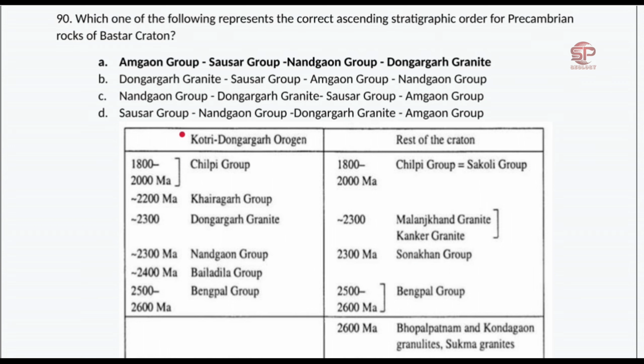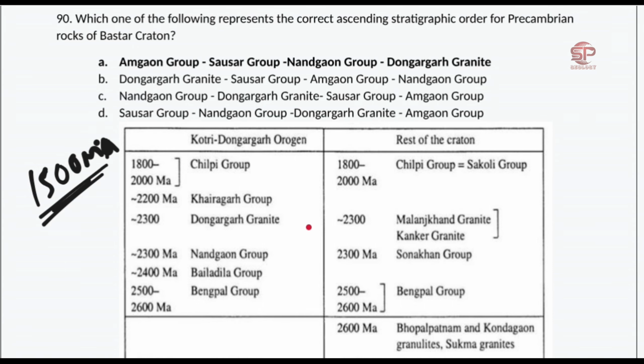But in some books you will find Nandgaon and Dongargad have the same age. Amgaon is older. And Saucer has an age of 1500 million years, so it will be the youngest one.